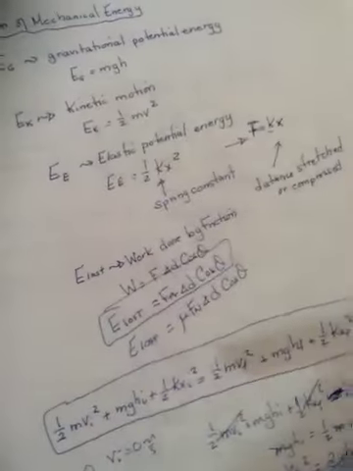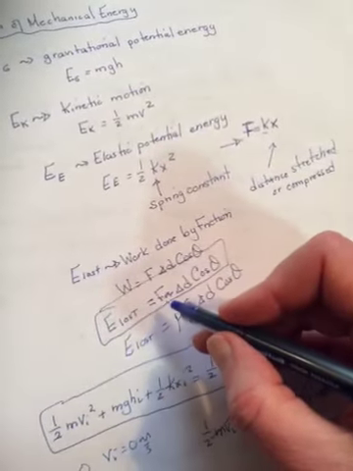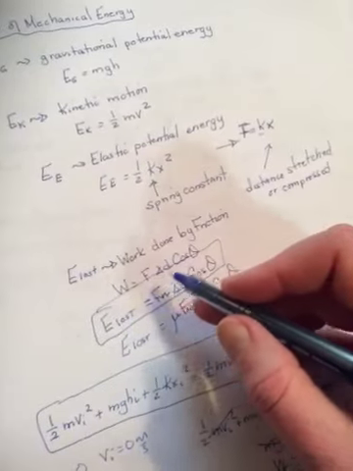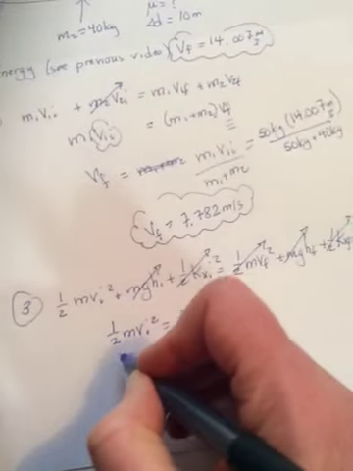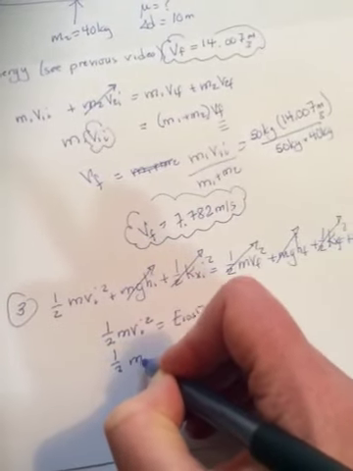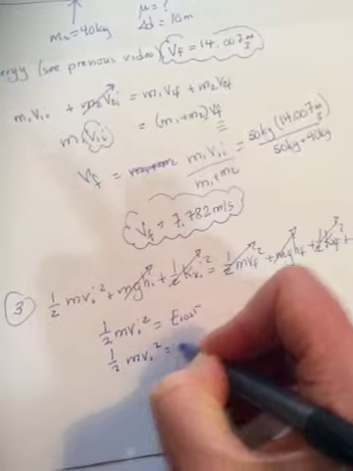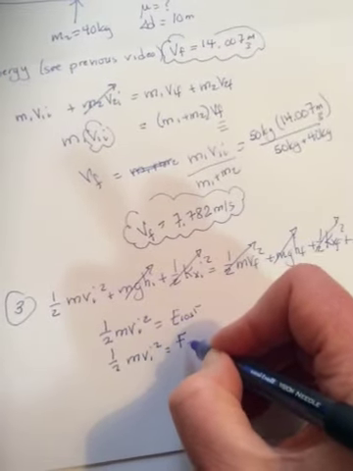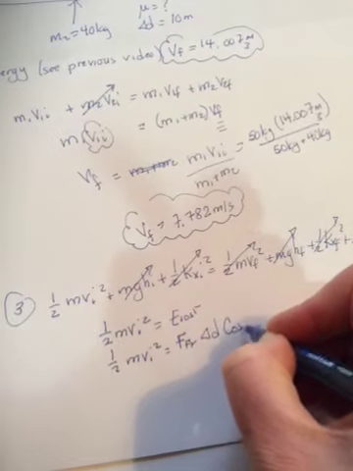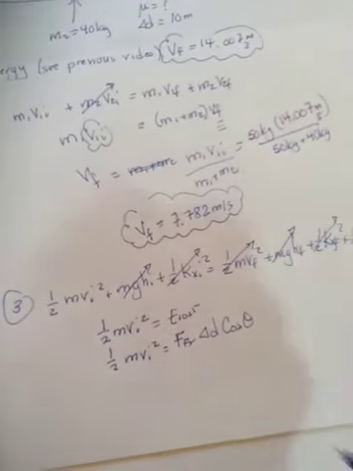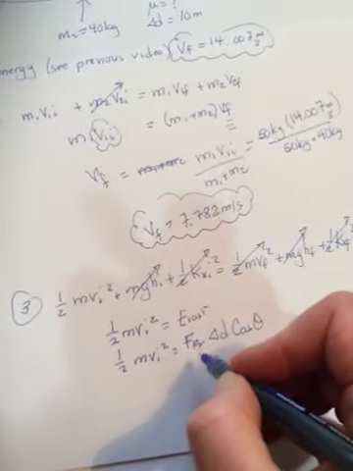We have to remember that E lost is equal to the work done by friction, and work done is F delta d cos theta. So 1/2 mv initial squared equals F, which is friction, times delta d cos theta. What is F?